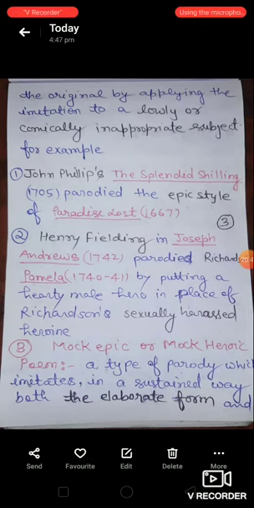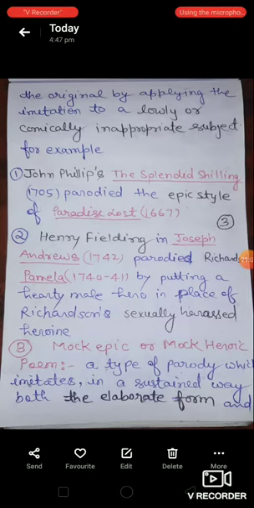The second example of parody, a very famous example that we find in English literature, especially in English novels. There was one pioneer of English novels, Samuel Richardson.